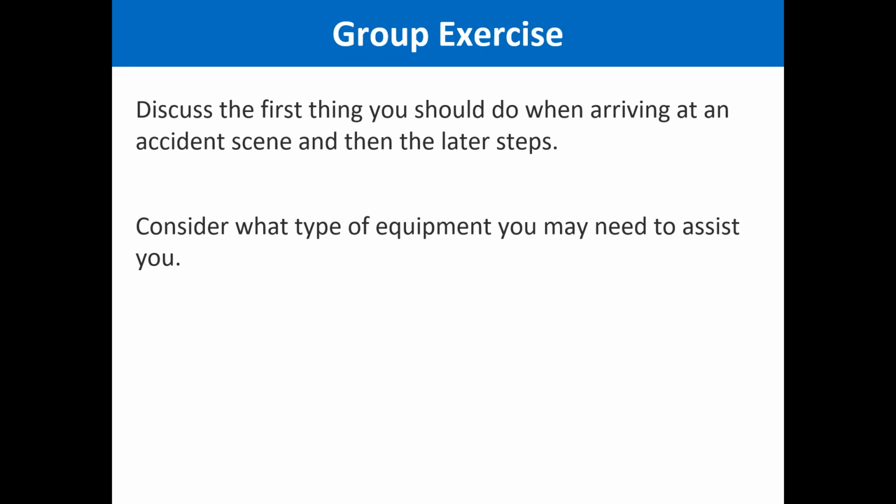After that, you need to focus your attention immediately on the injured person. If the area is safe, you focus on the injured person and provide first aid. If the area is not safe, you need to make the area safe. For example, if there is any live electrical equipment, you should try to switch it off if it is safe to do so.